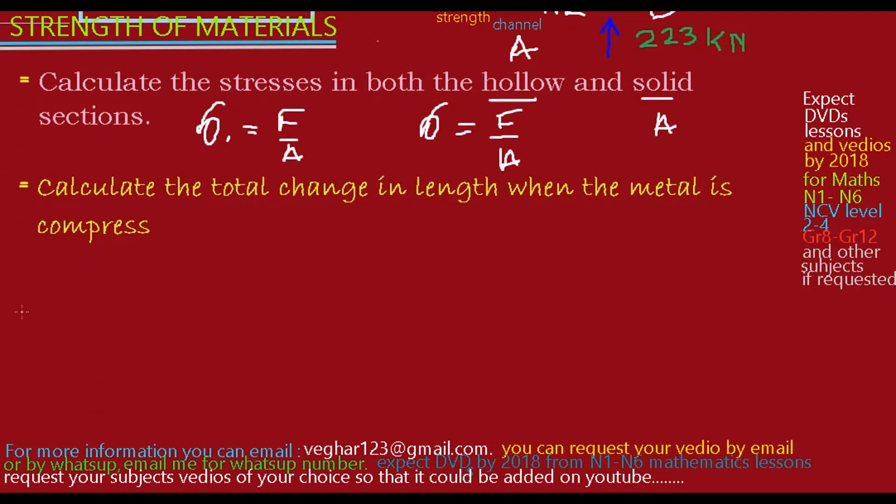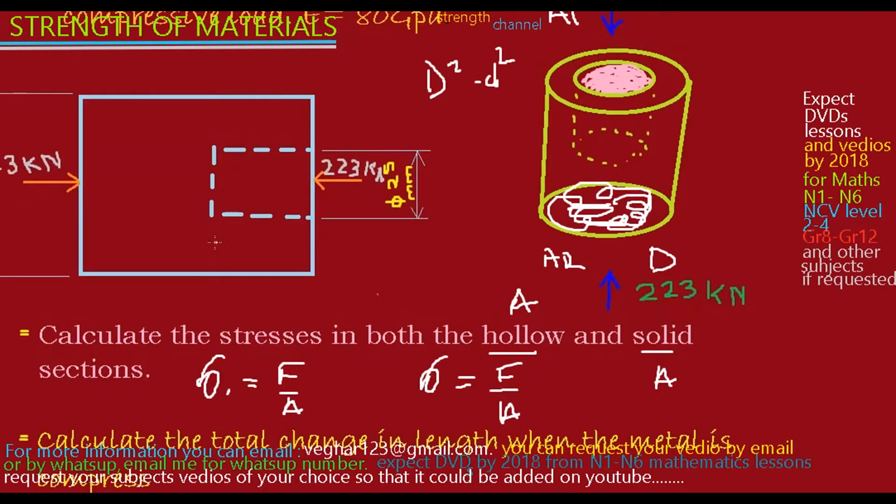So first of all, we have to calculate the areas. Let's say it's a hollow area. Because it's a hollow, there's a hole inside. So we'll check the diameters, the diameter from the sketch.